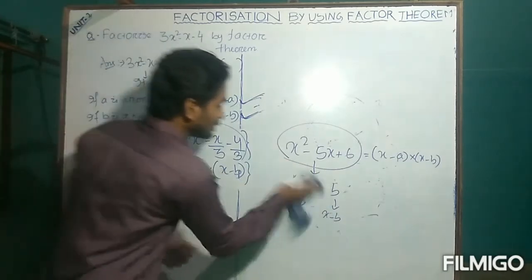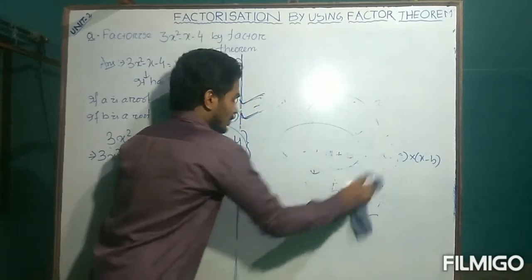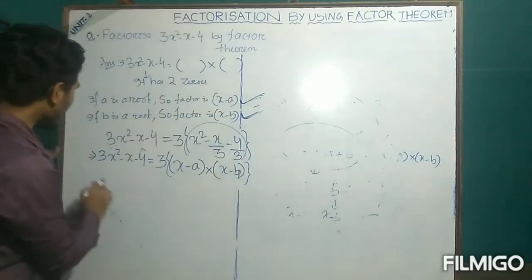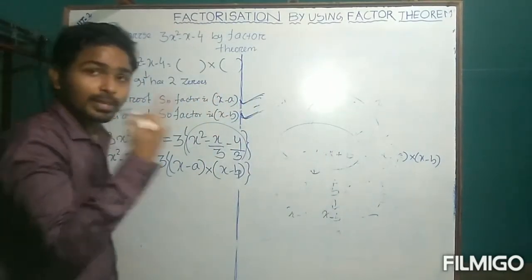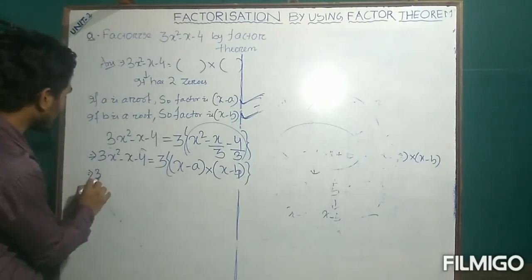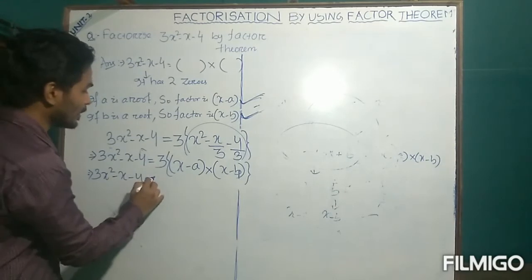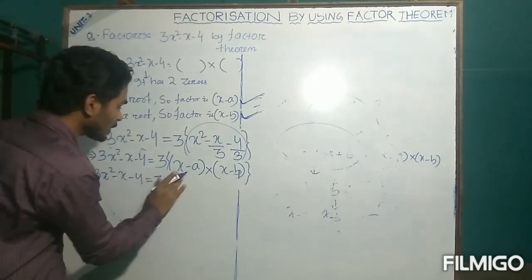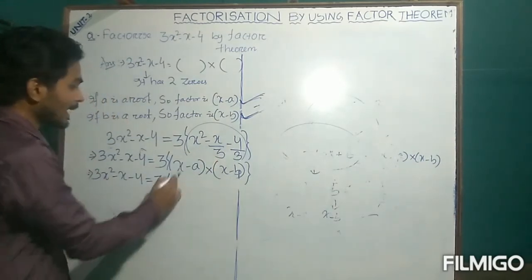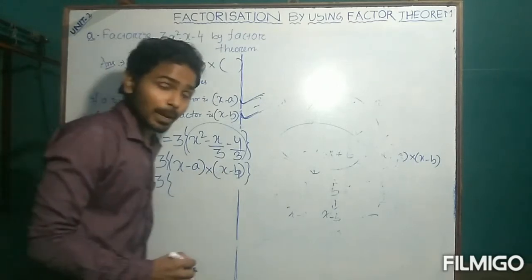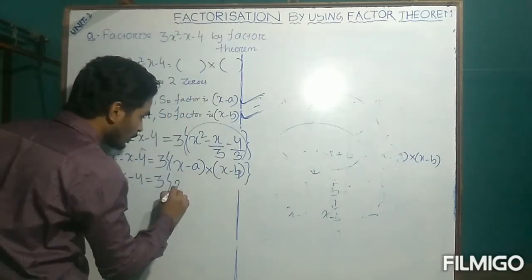Okay. Now proceed with the same procedure as we have done in the previous session. How? We have to write 3x square minus x minus 4 is equal to 3 taken as common. Okay. Now x minus a and x minus b will be multiplied using distributive law.